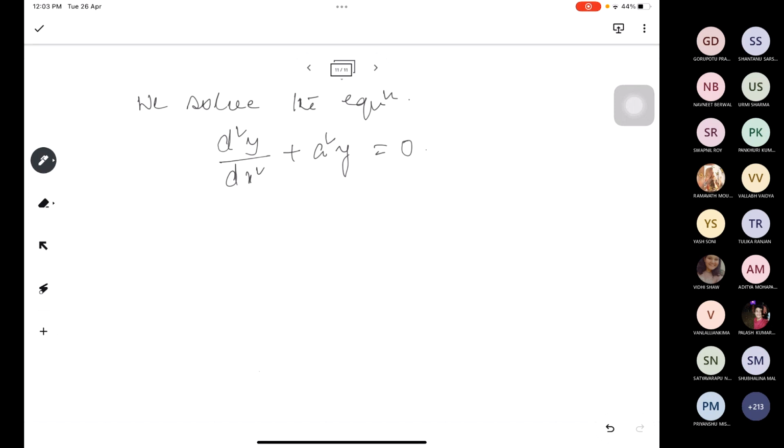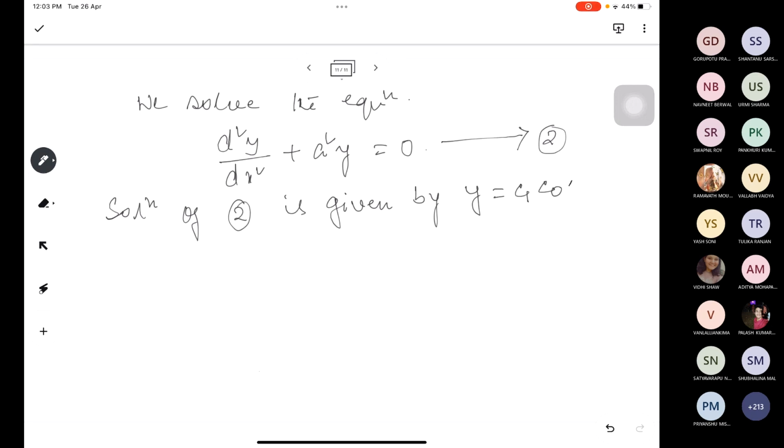Yes. So the solution of equation 2 is given by C1 cos ax plus C2 sin ax, where C1 and C2 are constants.